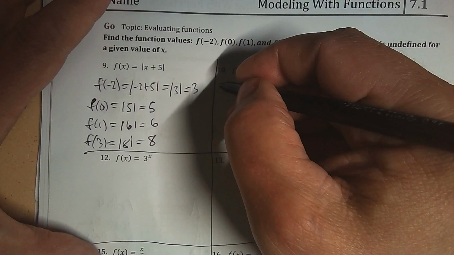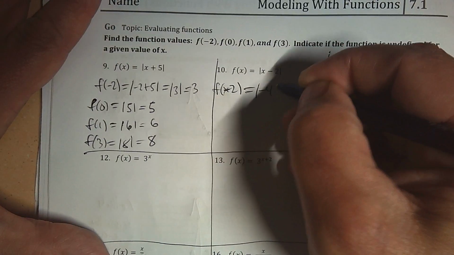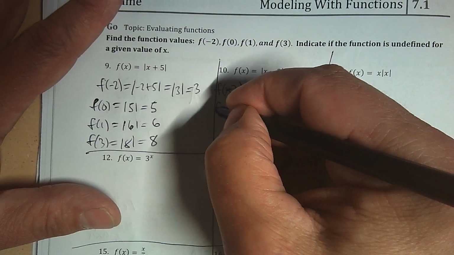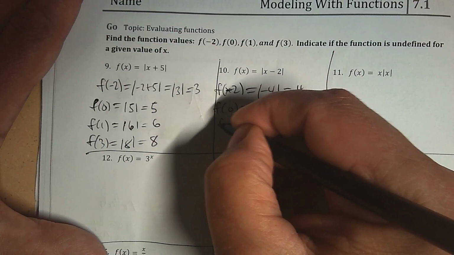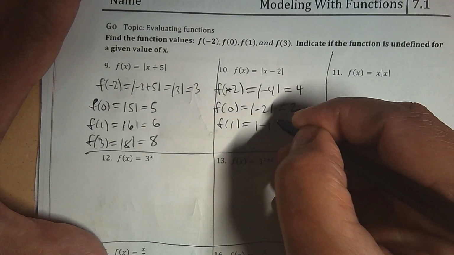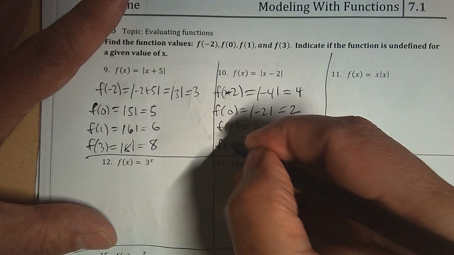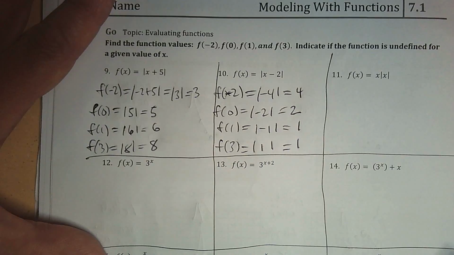Same function, absolute value. We're going to start with negative 2. Notice here the absolute value of negative 2 is 4. Plug in 0. Well, the absolute value of negative 2 is 2. Plug in 1. Well, the absolute value of negative 1 is 1. Plug in 3. And that's just 1 again, and the answer is 1. Gives you the same answer.